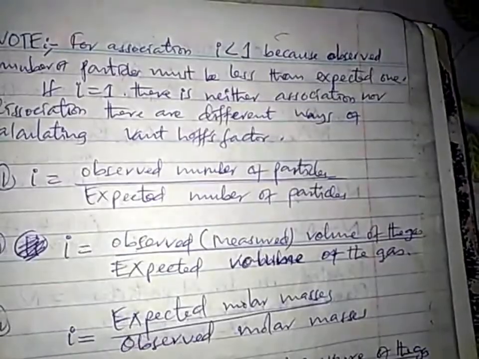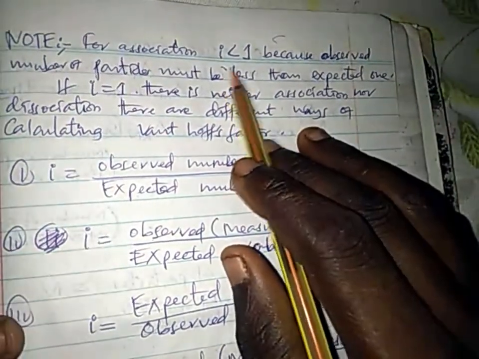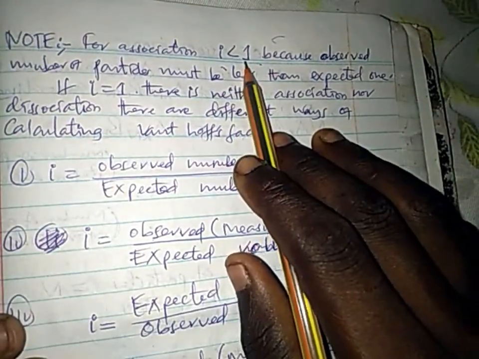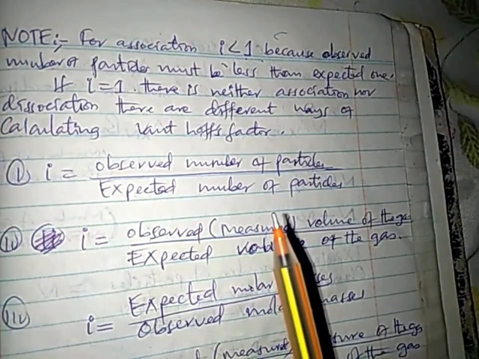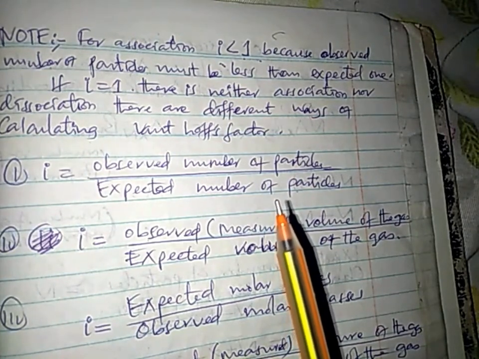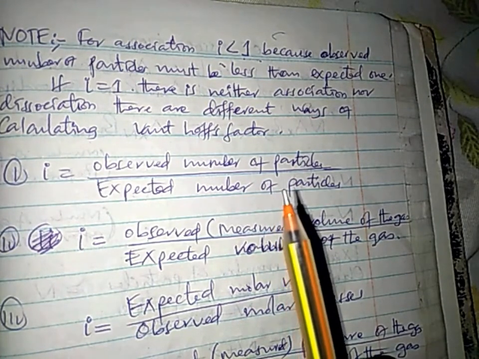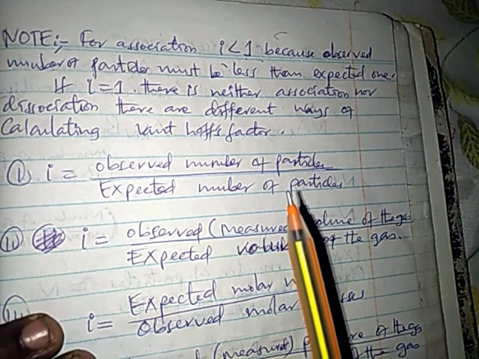So we have few things to note here. For association, Vantage Factor is less than 1 because of the number of particles must be less than expected. Kwa kwenye association Vantage factor inakuwa less than 1. Wakati kwenye dissociation Vantage factor is greater than 1.